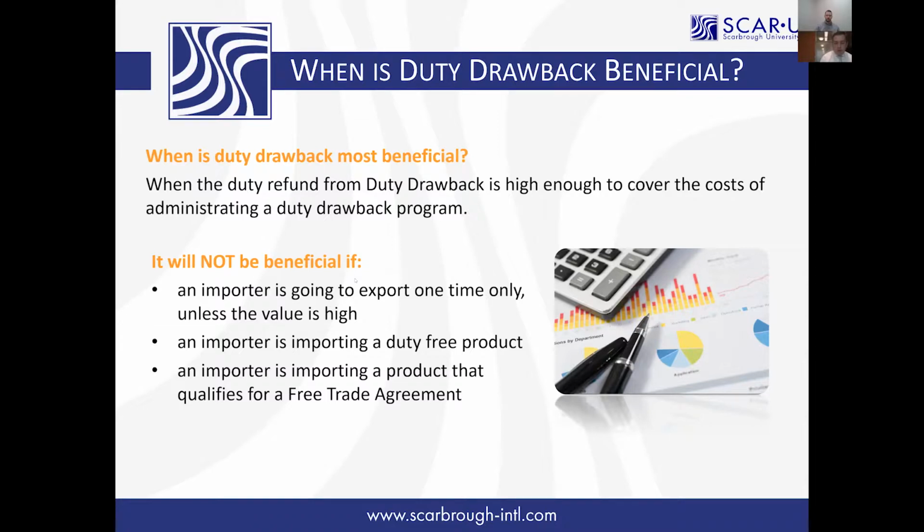So the issue in this case becomes, what merchandise can I substitute for my imported merchandise? Under the old standard, there was a concept known as commercially interchangeable. So if I imported goods, I could substitute goods that were commercially interchangeable with those goods, export them, and claim drawback.